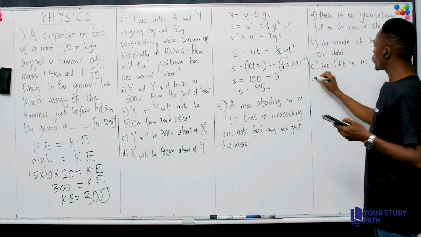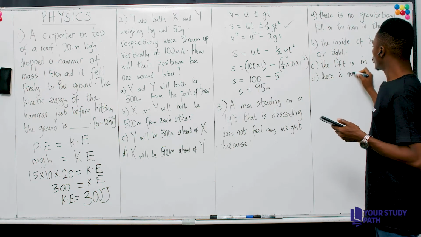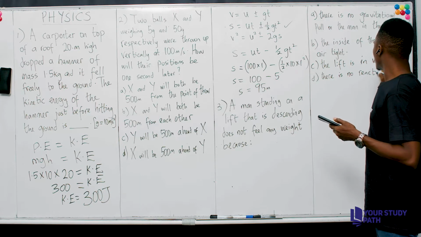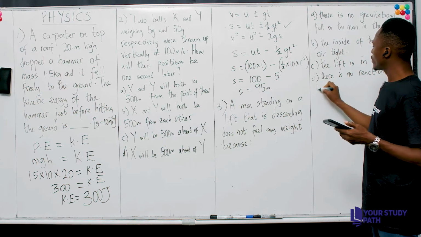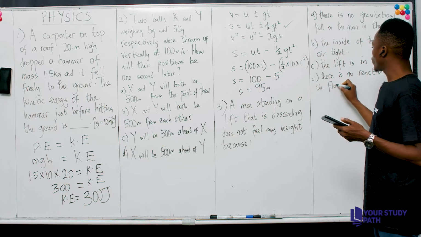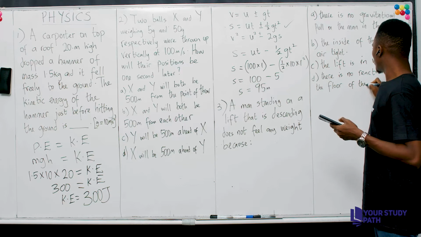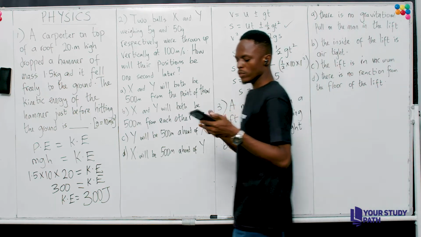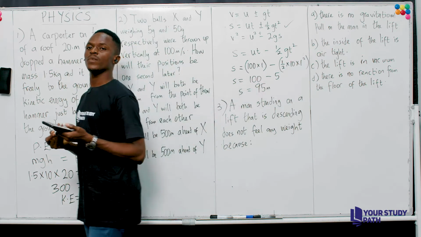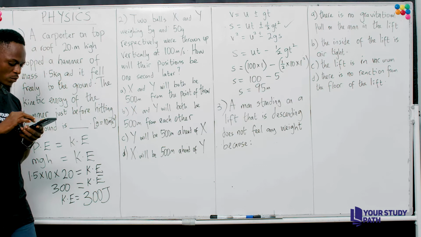And the last option, D, there is no reaction from the floor of the lift. So I'll leave you to that. Try to actually look at the question and pick your own correct answer. Then we'll look at the corrections together.